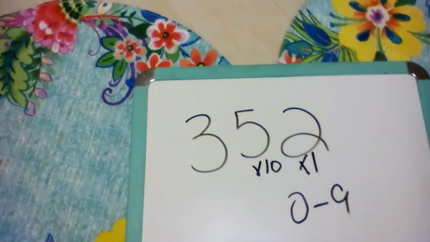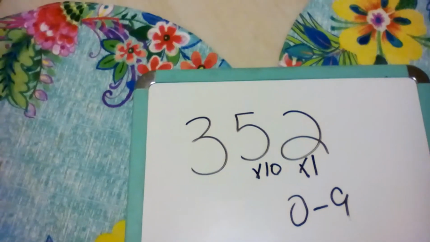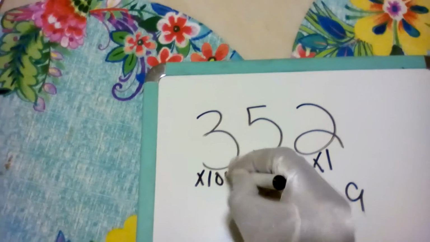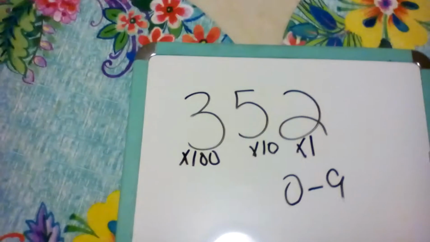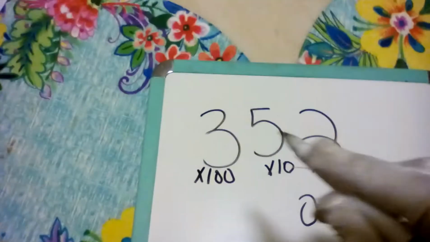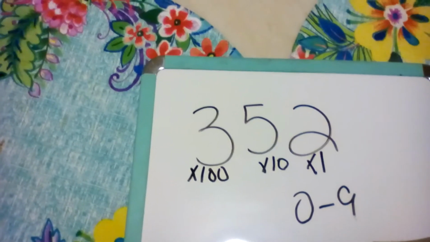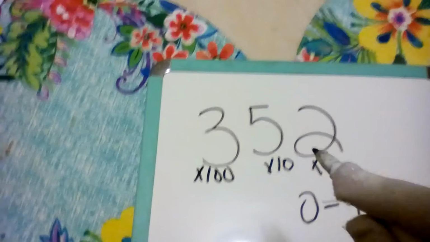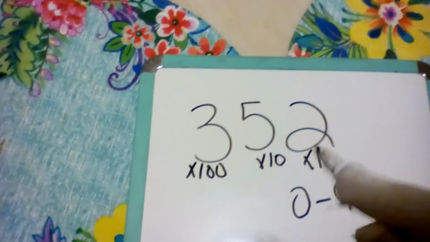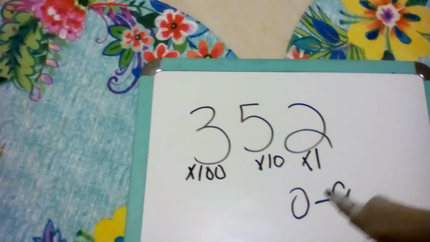Directly to the left of the tens place is what we call the hundreds place, and it has a numerical value of times 100. Each digit in this number is placed in a certain spot, and depending on where it is placed is what we're going to multiply that digit by.